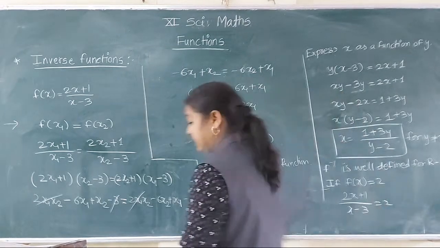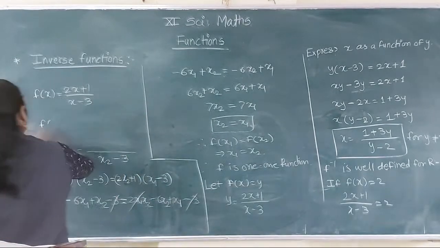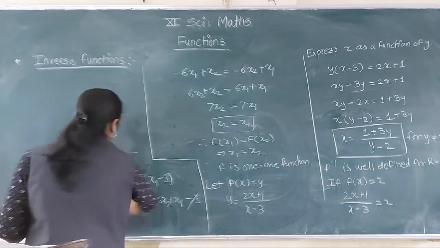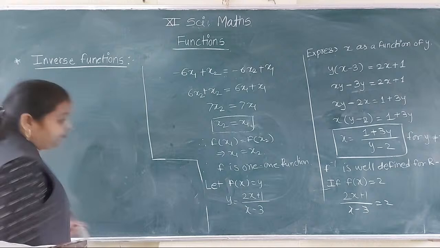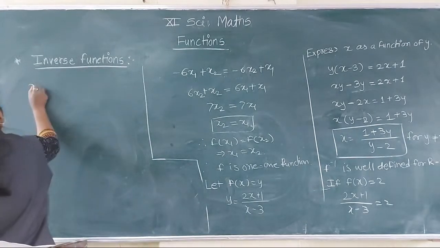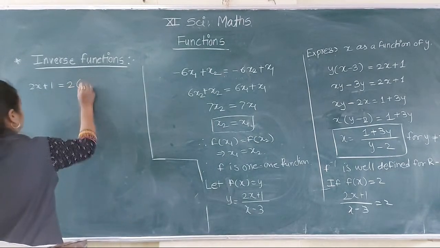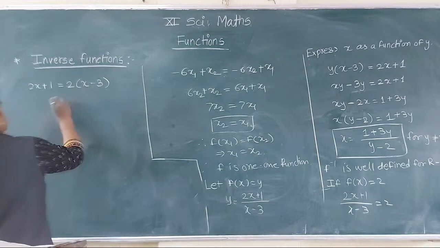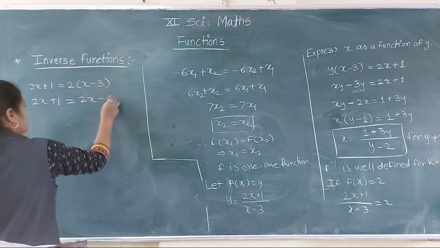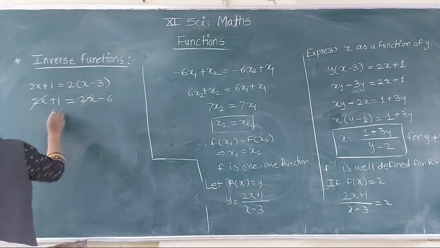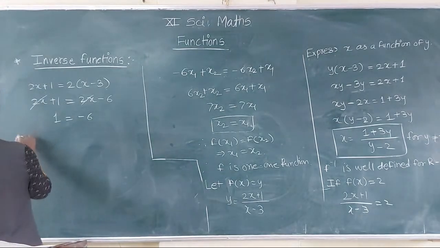If we take f of x equal to 2, if we are not removing it from the range, because it is in the range. Okay, so 2x plus 1 is equal to 2 into x minus 3, that is 2x plus 1 is equal to 2x minus 6. So this 2x gets cancelled. 1 is equal to minus 6. Is it happening? No. So this is a contradiction.